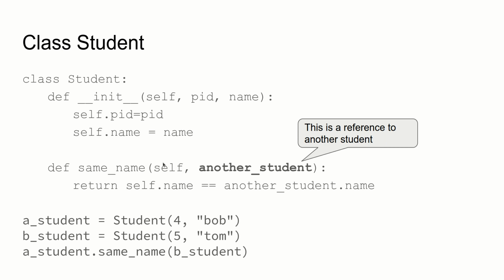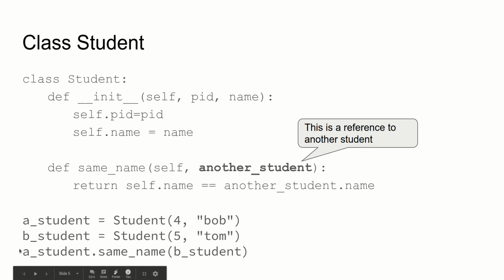We have our self, and then we're being asked, do I myself have the same name as another student? Again, this is a parameter name. It could be anything you wanted to call it. It could be B, or it could be student, or whatever. We've called it another student so that it's clear. There's myself and there's another student.